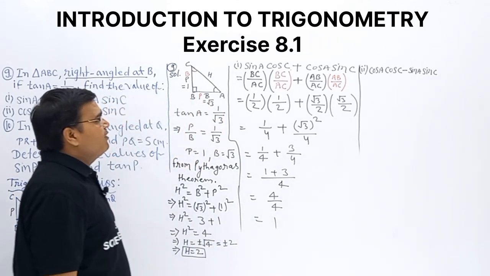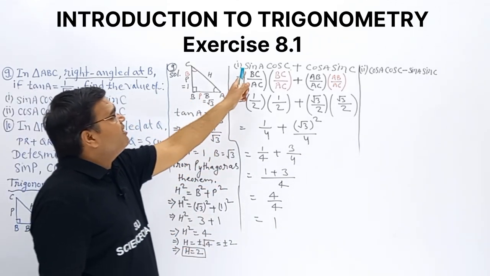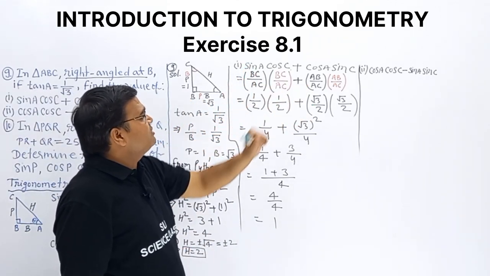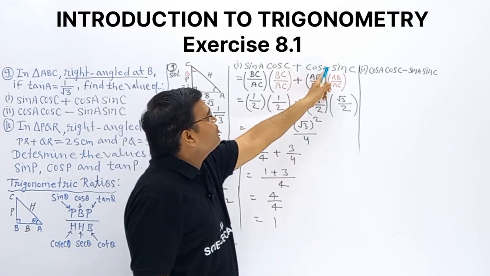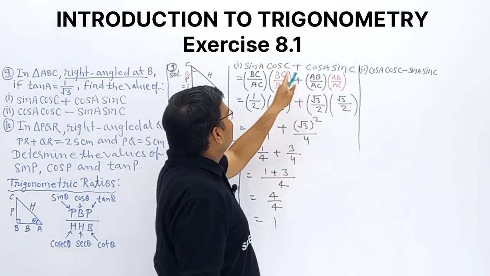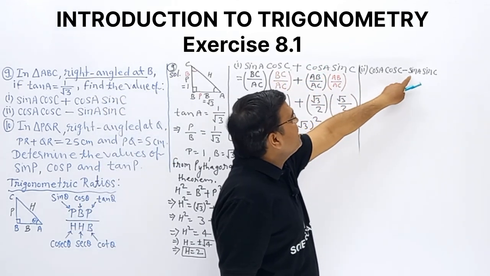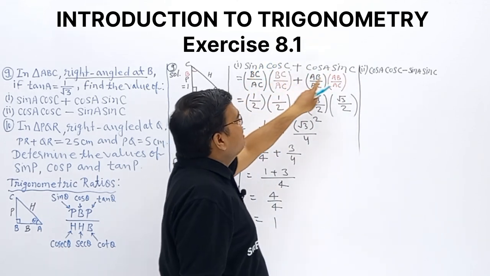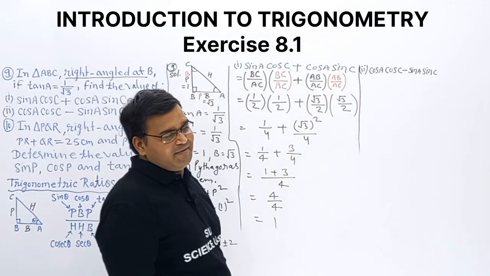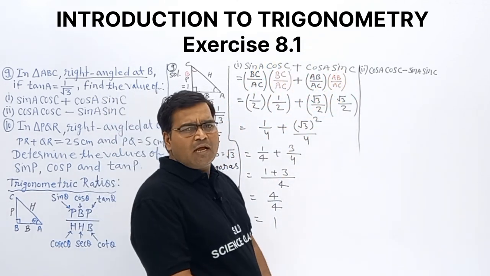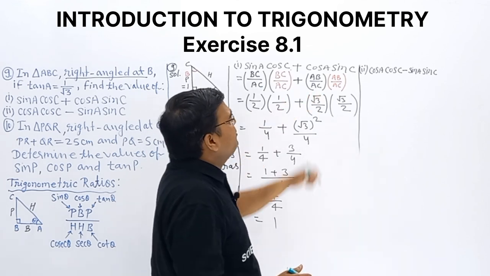We want its value. Already we found the values of cos A, cos C. Yes or no? This is the value of cos A, this is the value of cos C, this is sin A, and this is sin C. Clear? Now don't worry, we can directly put the values.